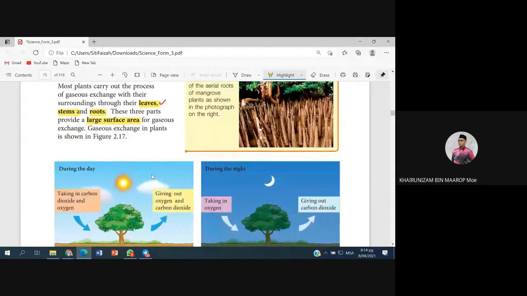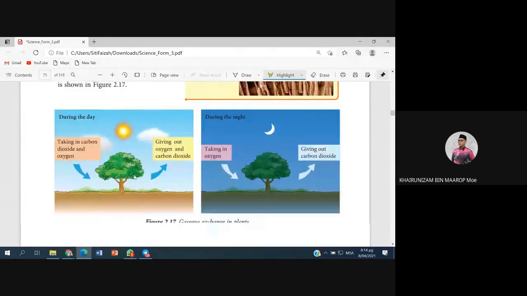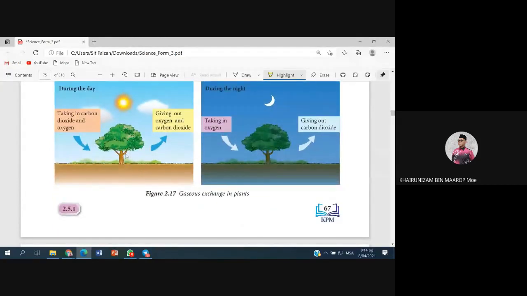Okay, during the day, the plants will do the process of photosynthesis. That is taking in carbon dioxide and releasing oxygen, or giving out oxygen.